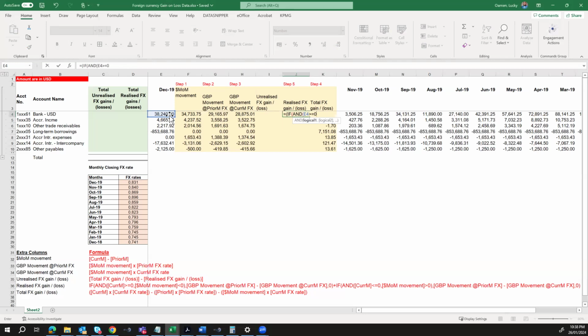Positive numbers are assets on your trial balance, right?